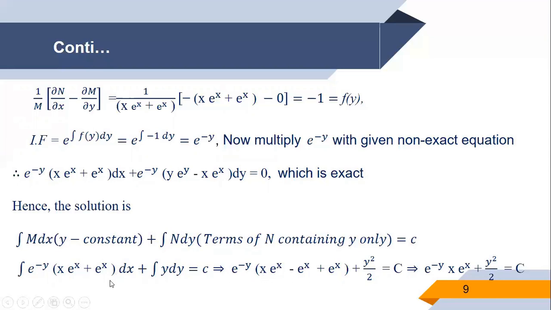We use integration by parts. So e⁻ʸ constant, x eˣ integration is x eˣ − eˣ plus eˣ integration is similar. y integration is y²/2 equal to c, and then we get e⁻ʸ x eˣ + y²/2 = c is the required solution.